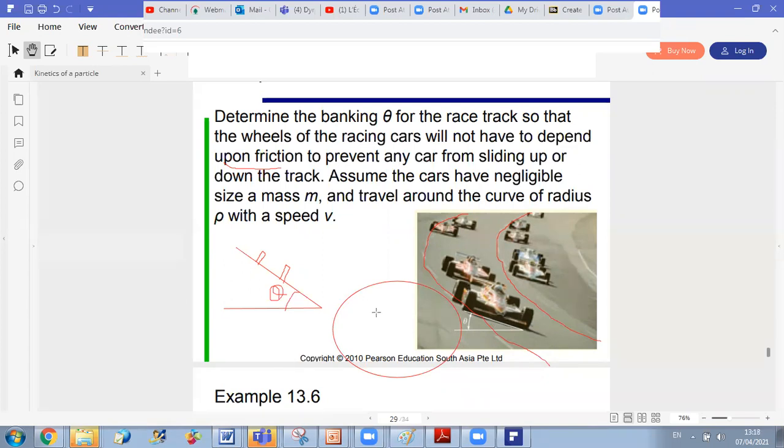So if I want to draw here the free body diagram, this is our car. What are the forces acting on it? First, of course, you have the weight, which is vertical. And what are the other forces acting on the car?